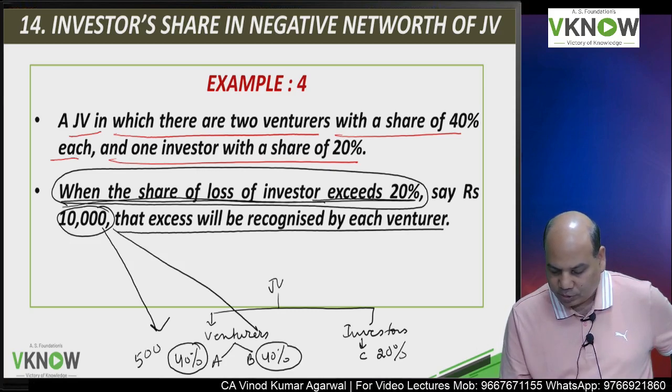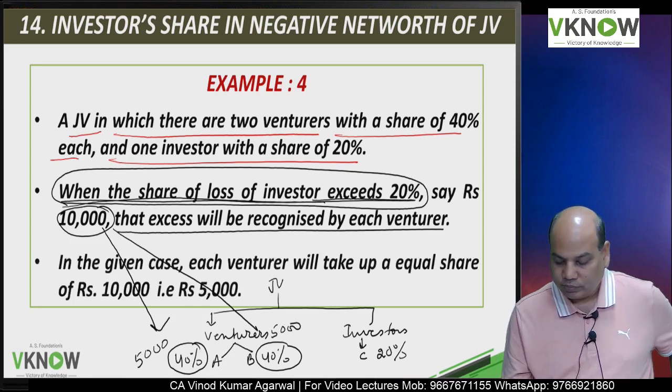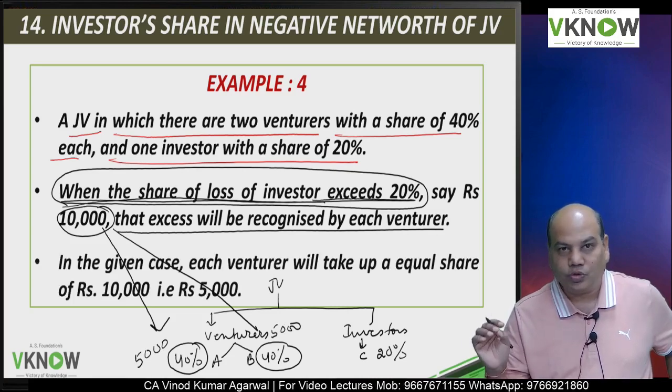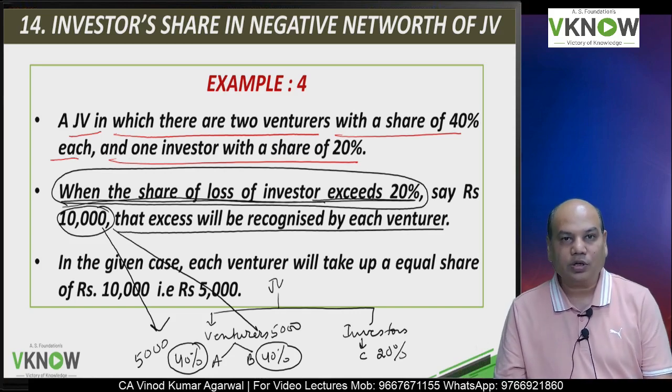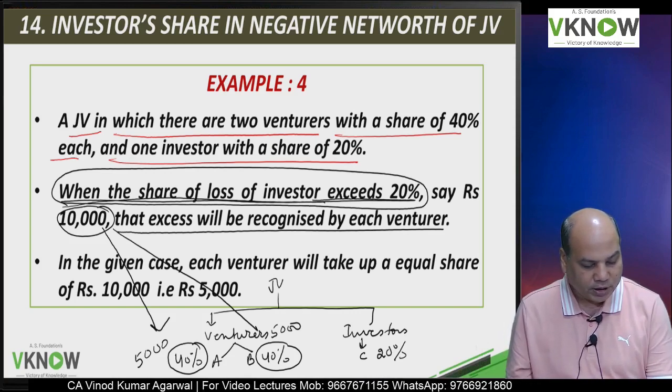In this example, proportionately means in the ratio of 40:40, and therefore each venturer would recognize a loss equal to 5,000 each. That is the meaning of this paragraph number 14.